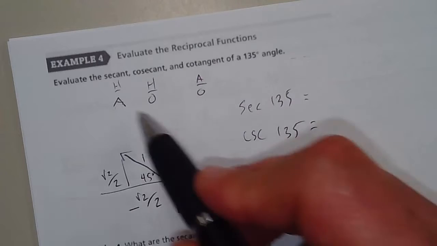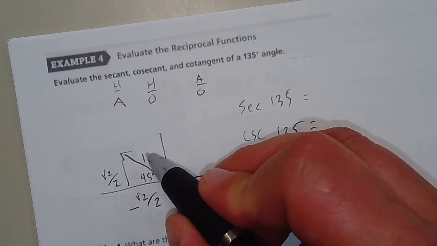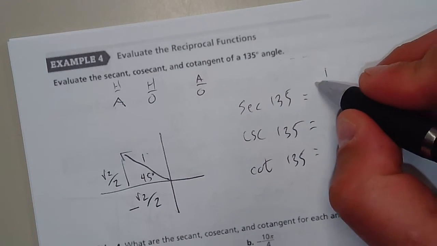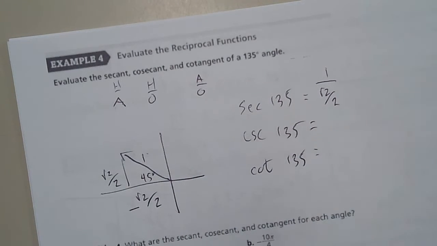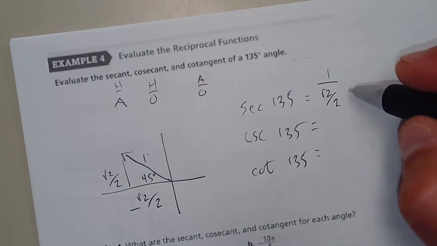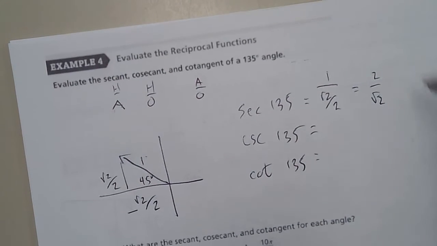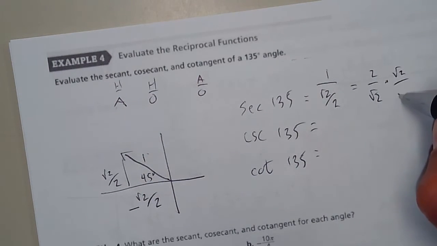All right, so secant, hypotenuse over adjacent. Hypotenuse over adjacent. 1 over root 2 over 2. That's going to invert, so this is the same as 2 over root 2, which we need to rationalize. Been here before.